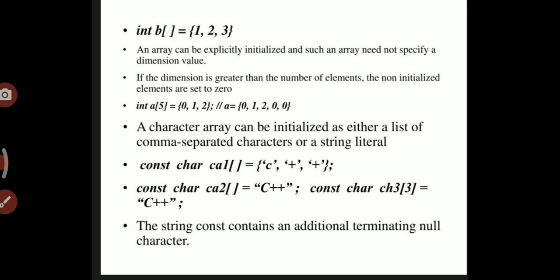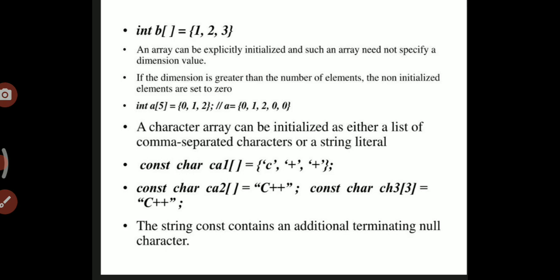An array can be explicitly initialized, for example int a[] = {1, 2, 3}, and such an array need not specify a dimension value. If the dimension is greater than the number of elements, the non-initialized elements are set to 0, for example int a[5] = {0, 1, 2}.